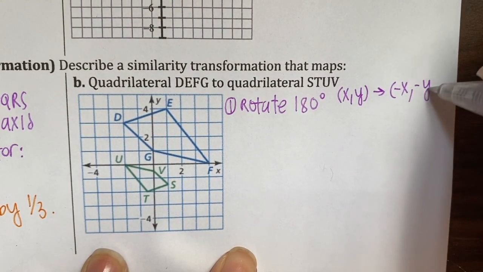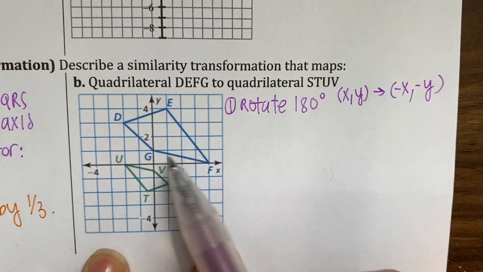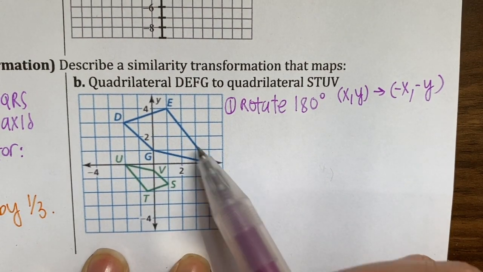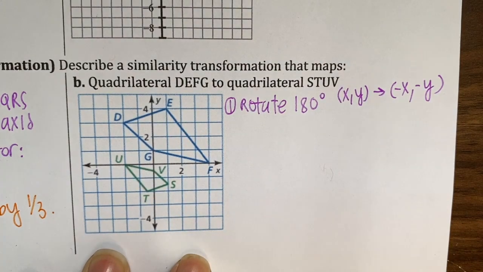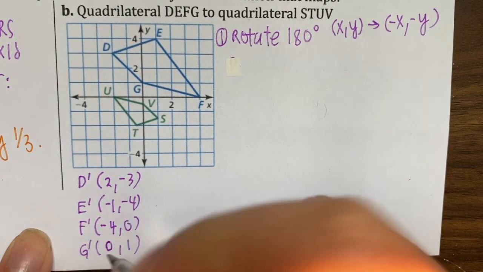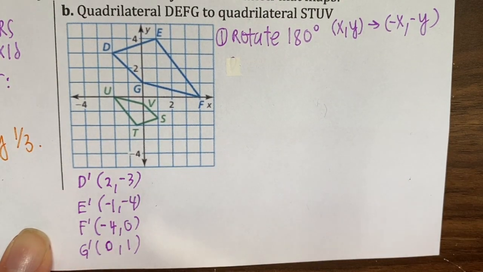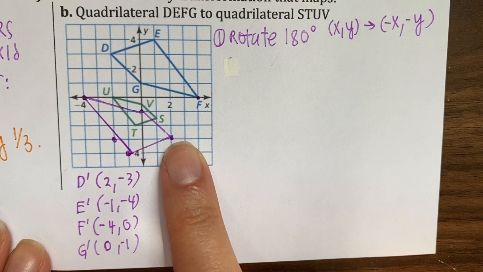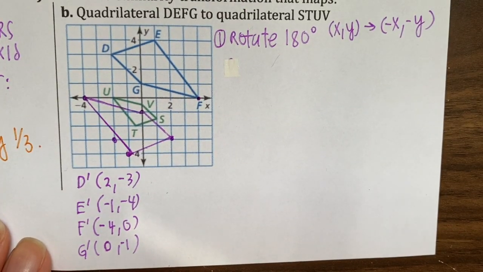It'll become negative x and negative y. Let's use that rule to rotate D, E, F, G 180 degrees. I get that the rotation will give me these points. I'm now going to graph these points. And now I have the quadrilateral D, E, F, G after a rotation of 180 degrees.